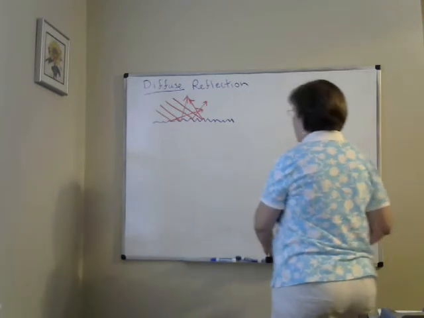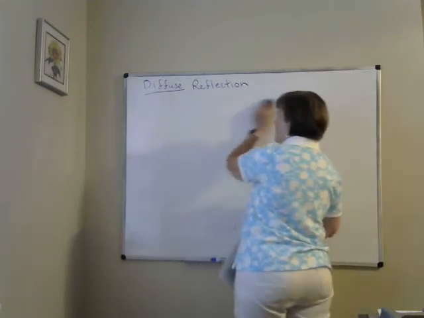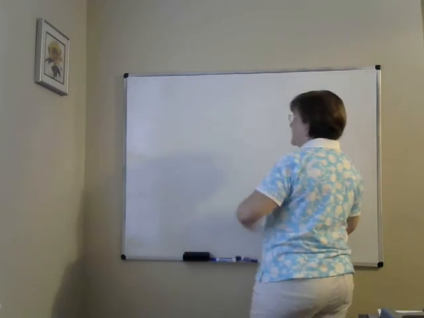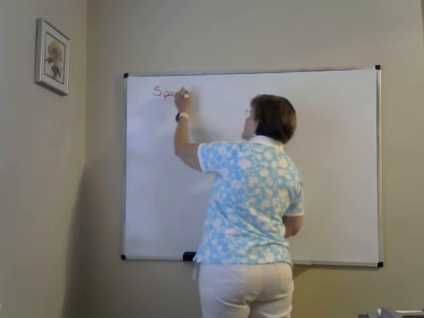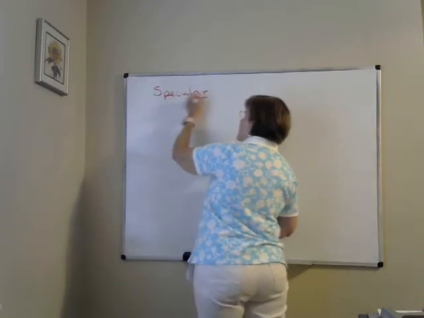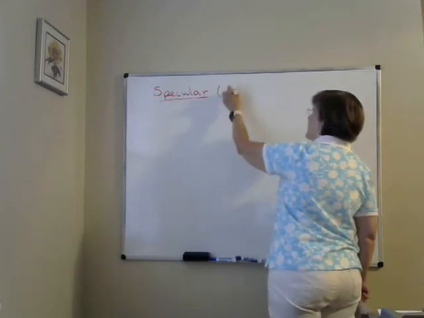Now, on the other hand, if a surface is very smooth or very polished, we get something called specular reflection. I'm not sure your book even uses the word specular reflection, but they talk about a polished surface.